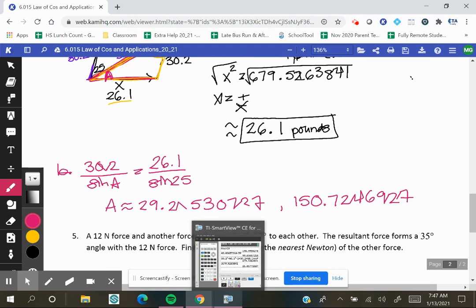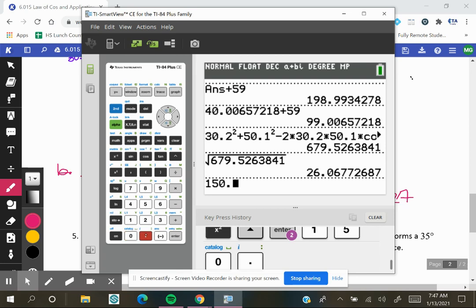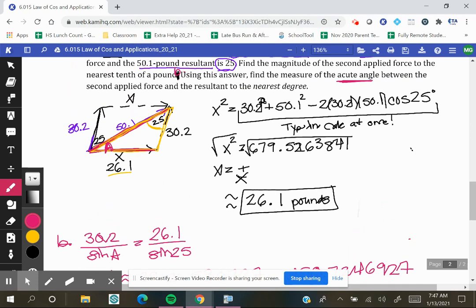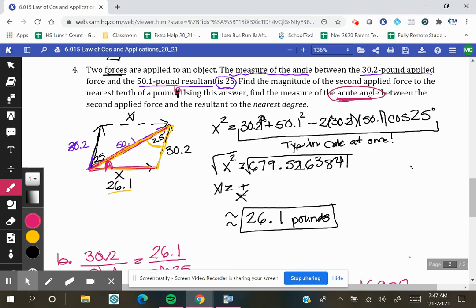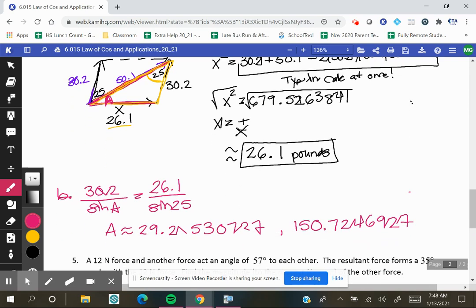So I'll show you here. So we would take our 150.7246927 plus our 25, and we do get under 180 degrees. But if I were to take that angle, and it says here, find the measure of the acute angle between those two forces, the resultant and the second applied force, then this would not be acute.